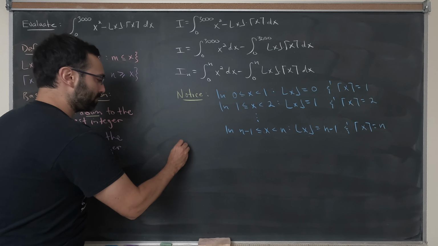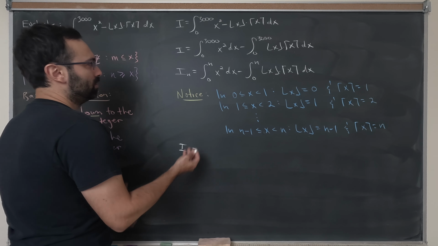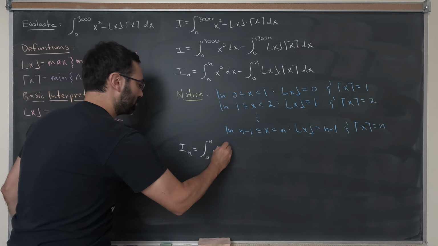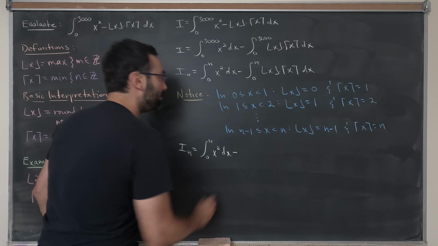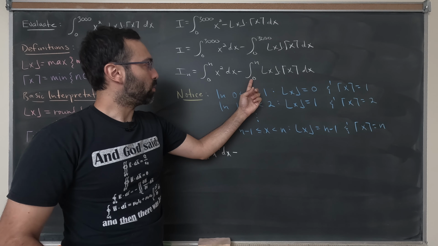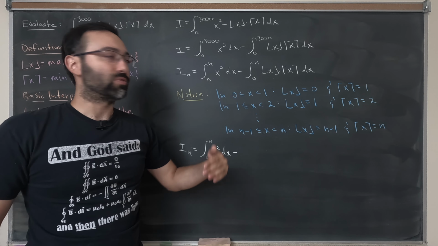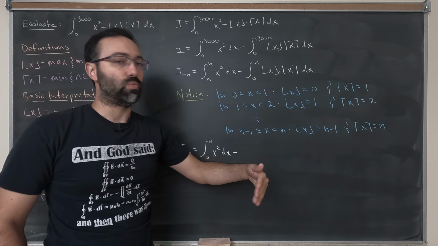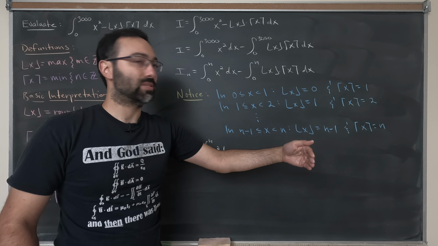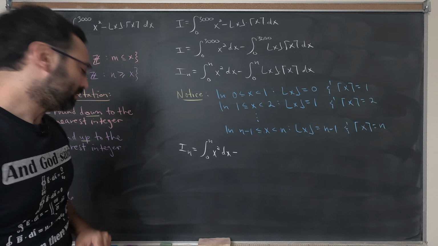Well, I sub n will be the integral from 0 to n of x squared dx minus, well, as we work our way from 0 all the way up to n, we'll look at the integral from 0 to 1, then the integral from 1 to 2, then the integral from 2 to 3, etc., until we get to the integral from n minus 1 to n. And what do those integrals look like?